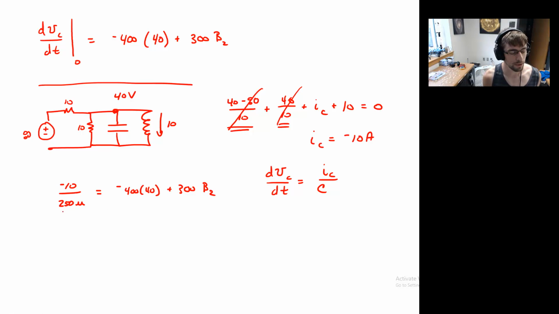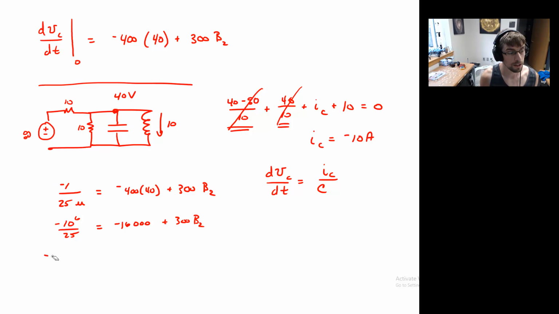And what do I have? Well, let's see. 1 divided by 25, so I can take out that 0. Or this is 10 to the 6th divided by 25, equals 16 followed by 3 zeros plus 300 B2. So we're off and running to the races.